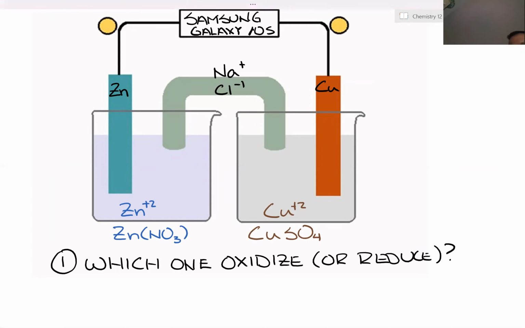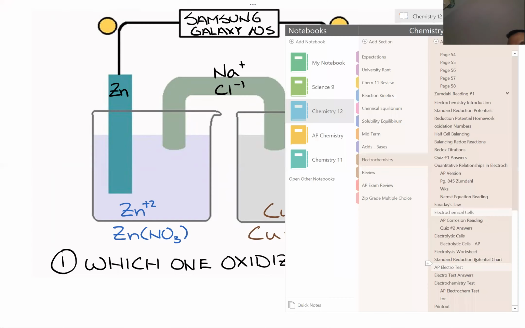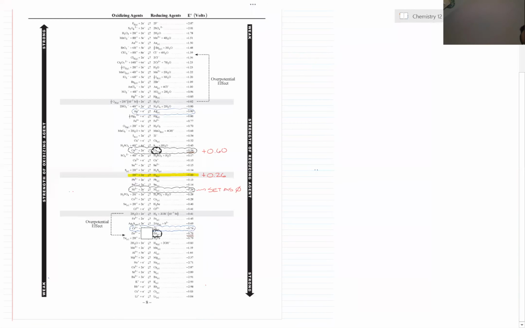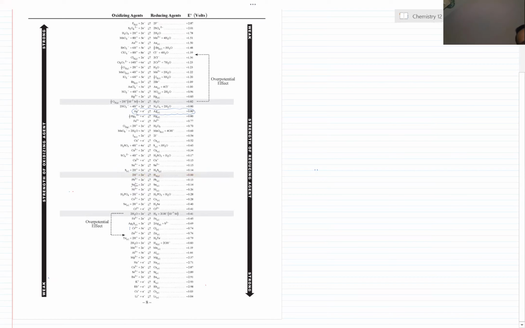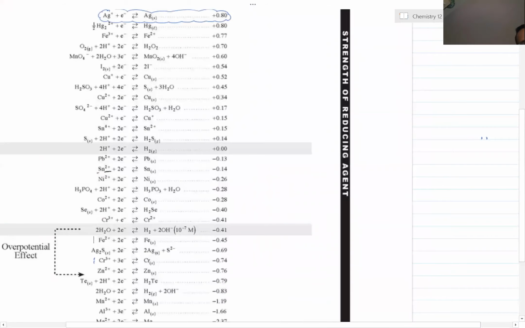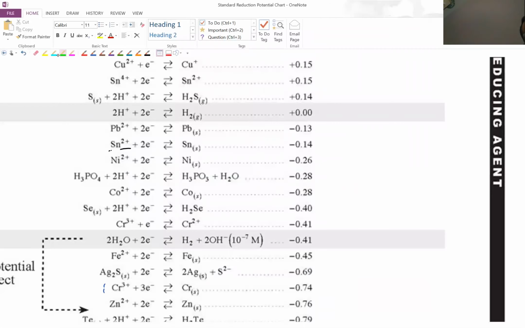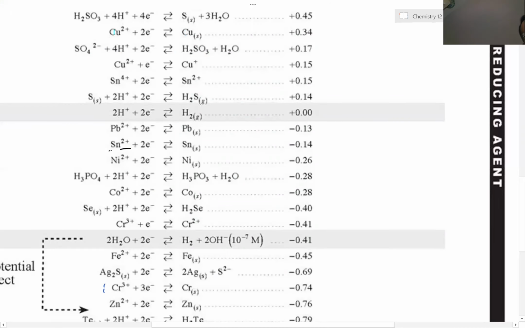Now, for us to figure that out, we have to use our standard reduction potential table. Hopefully all of you are familiar with this. So in this case, I'm going to look at copper. I'm going to look for my copper solid, which is right up here, and I look at my zinc, which is down here.